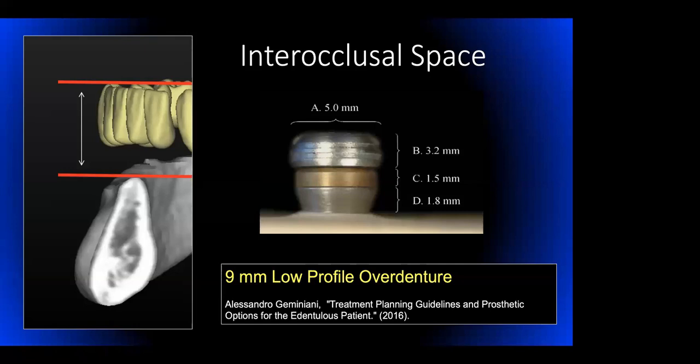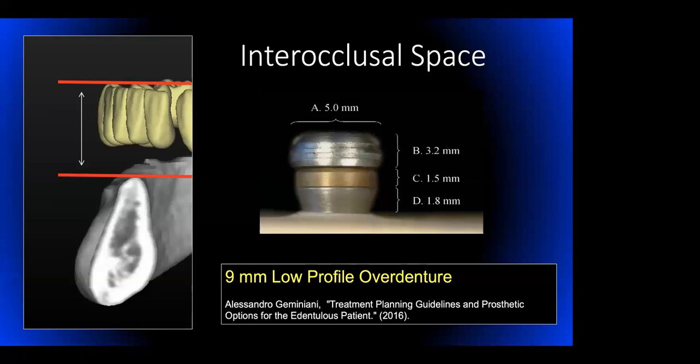If an implant is positioned to the facial, you need at least 2 millimeters of acrylic to hold that attachment in. If that implant is too facially or too buccally or lingually inclined, you're going to have an issue there too. But height-wise, you need about 9 millimeters for the male and the female attachment, and 2 millimeters of basically biologic width for the implant area.